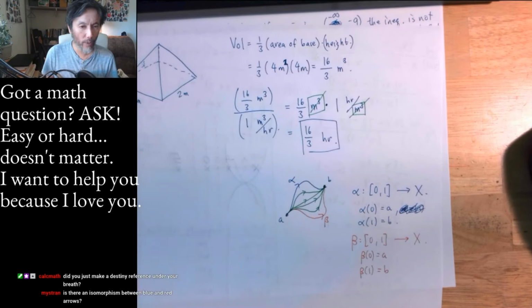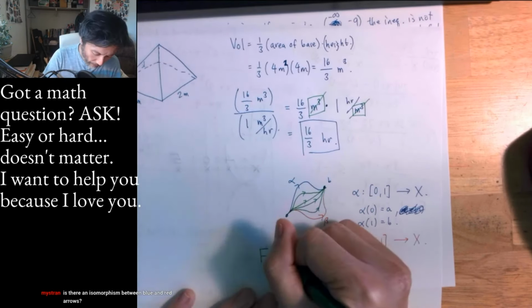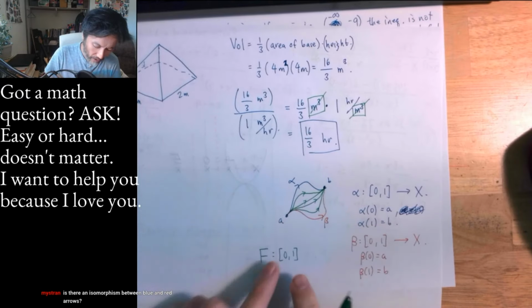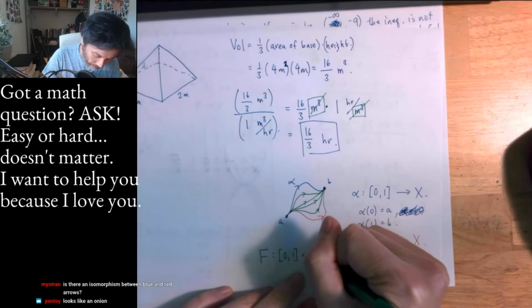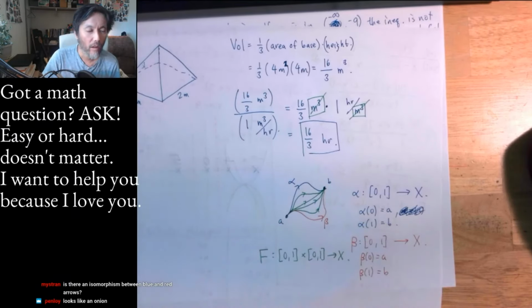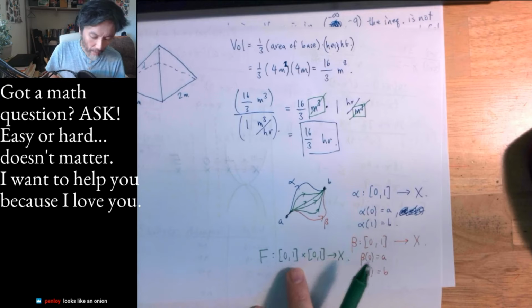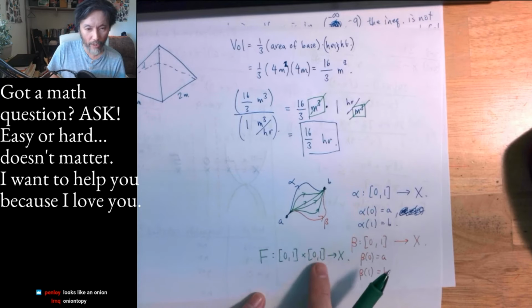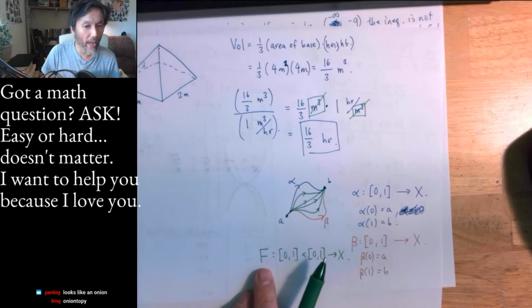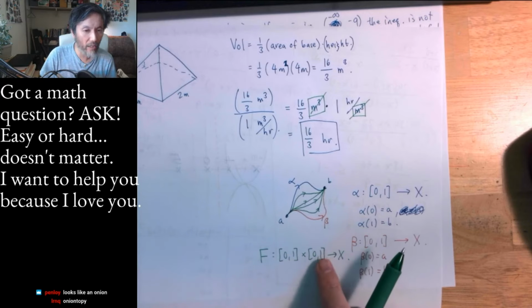If we give this homotopy a name, like F, then properly speaking F is a map from 0, 1 cross 0, 1 into X. What do I mean by this cross? I mean I'm going to take ordered pairs of elements. So the function big F eats an ordered pair of real numbers, one from this factor of 0, 1 and the second from that factor of 0, 1.